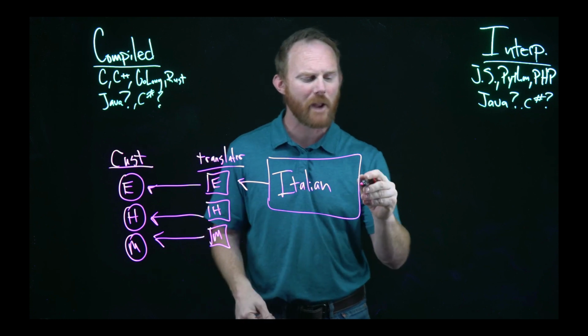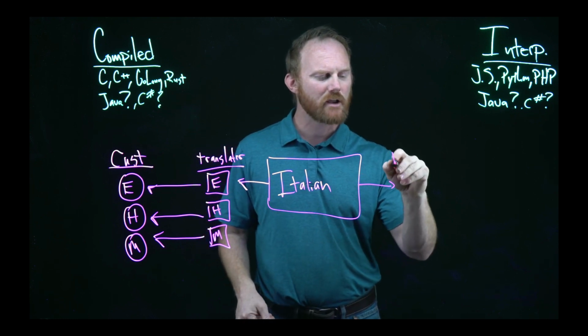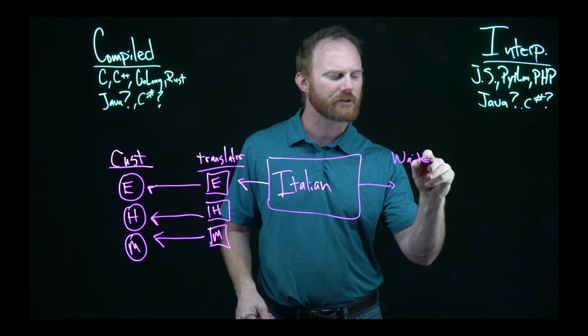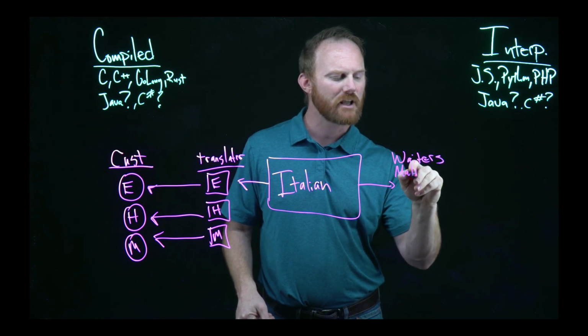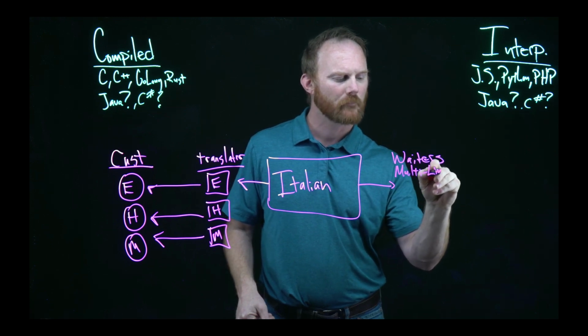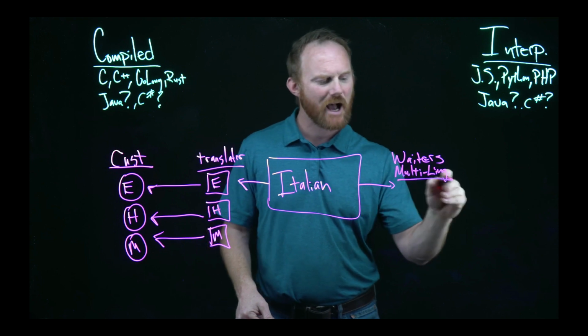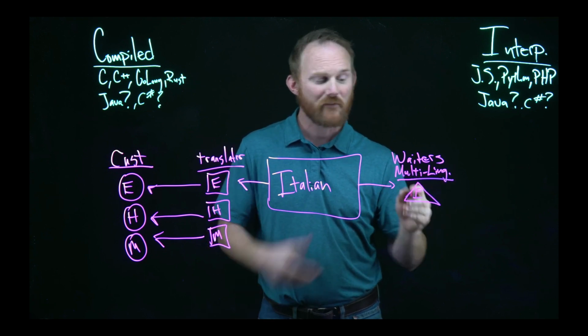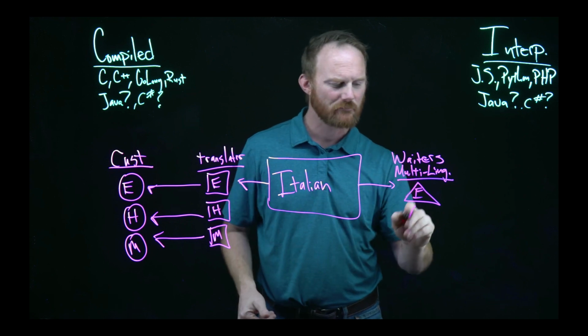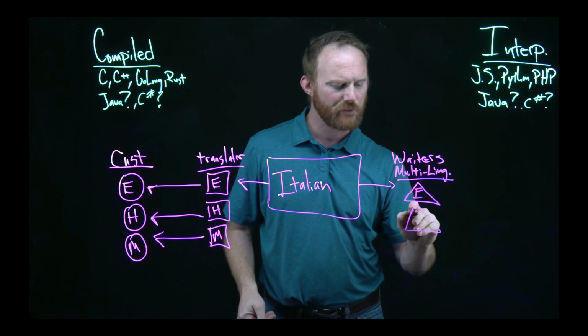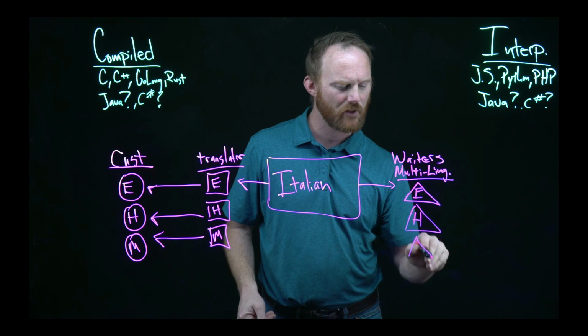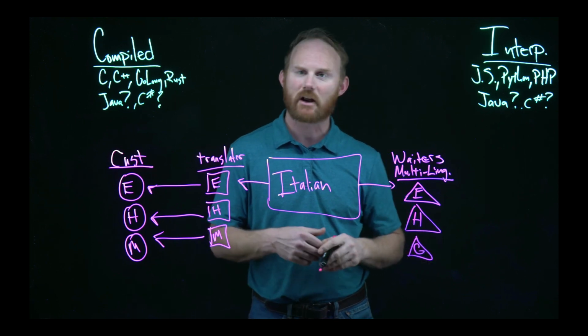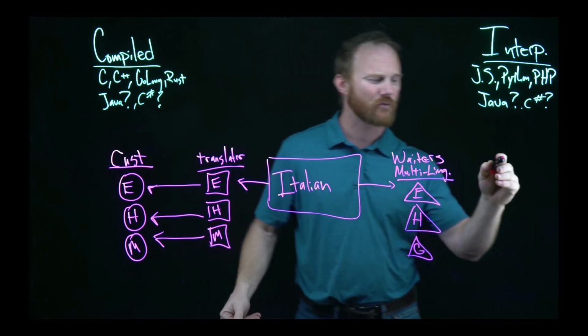Okay, that's one way. Another way is we could hire some waiters that are multilingual. So we've got, and I'll put our waiters in triangles here, we've got one that speaks English and Italian. We've got another one that speaks Hindi and Italian. We have another one that speaks German and Italian, and so on. Exact same process over here.